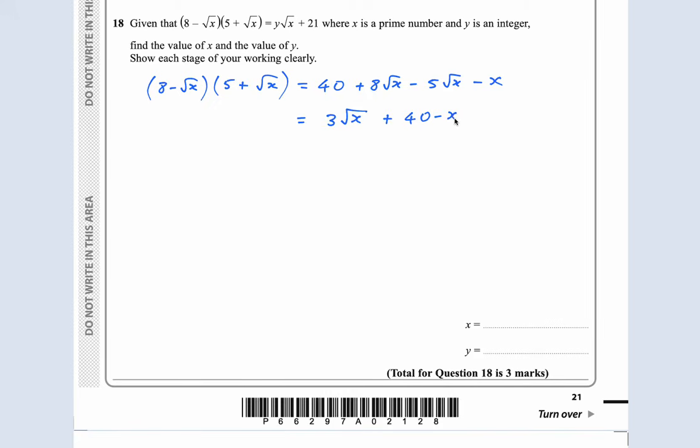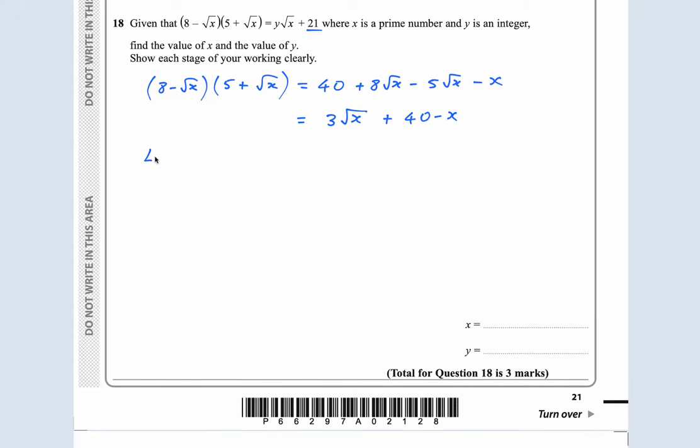Okay, now this is fine because y is an integer. X is a prime number, so we need 40 minus x to be 21 because we need to add 21. So x is 19.